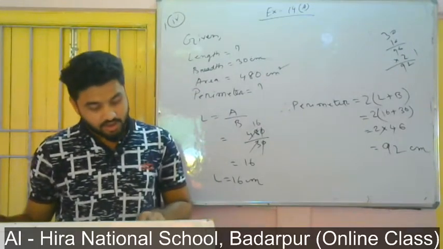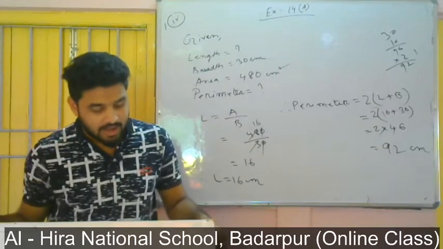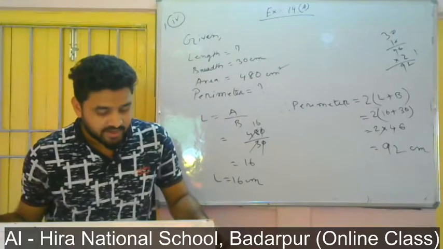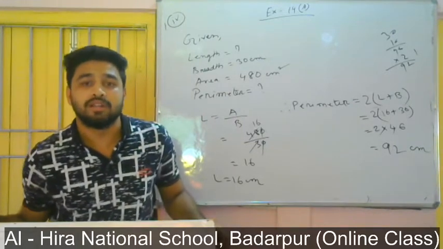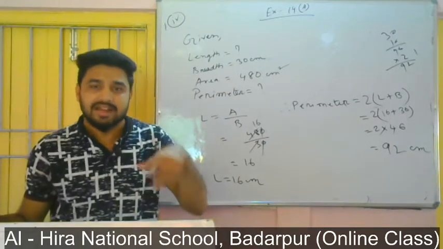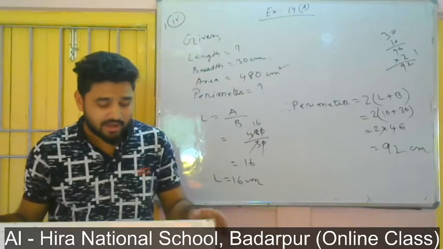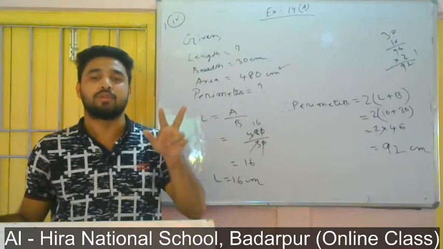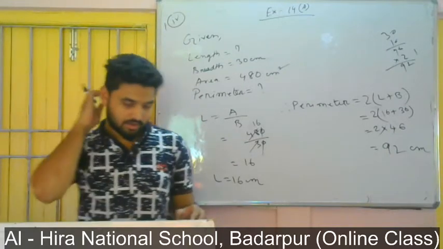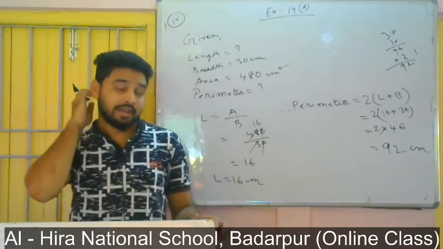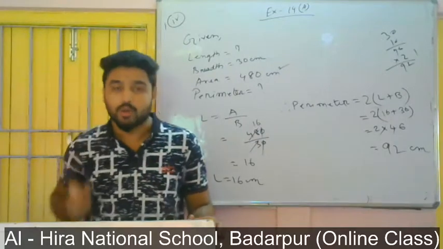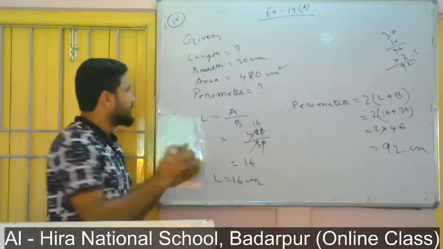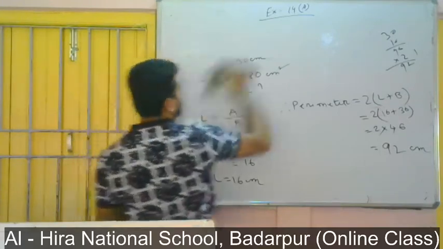PQ and QR are the sides given, 20 centimeter. We know that in a square all the sides are equal. So if PQ equals QR equals 20 centimeter, that means two sides are given, then the rest two sides also will be equal. So in place of side we can write 20 centimeter.